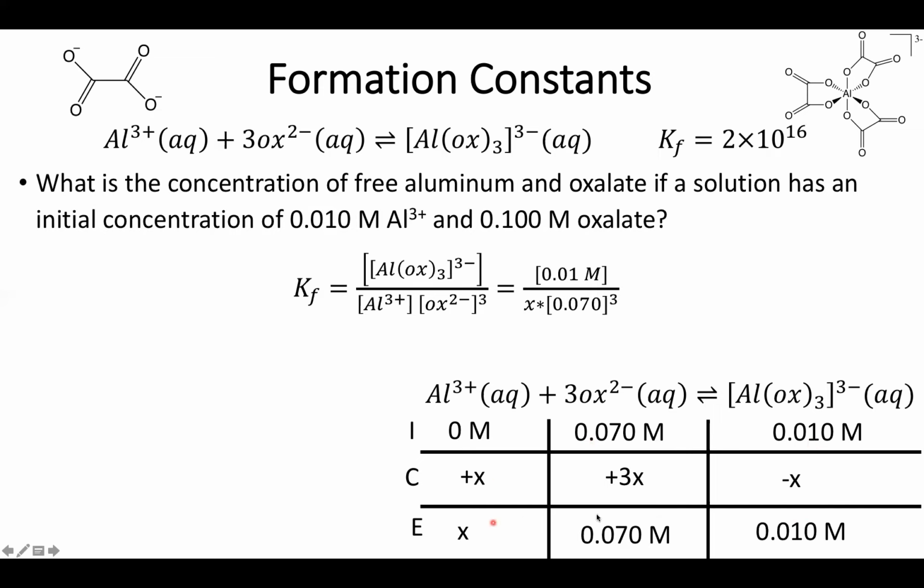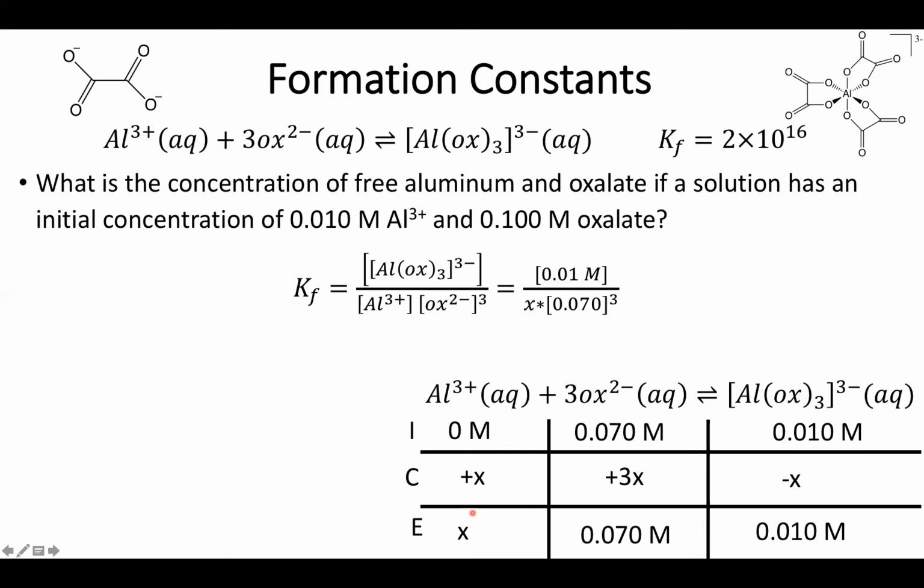At equilibrium, we're assuming that X value is super small. So my equilibrium aluminum oxalate concentration should be about 0.01 molar, and the oxalate concentration should be about 0.07 molar. However, the aluminum will just have a value of X because it's not a plus or minus anything. There is no number to correct.